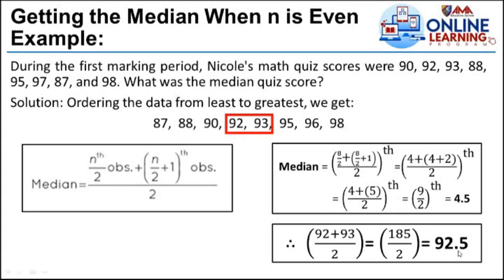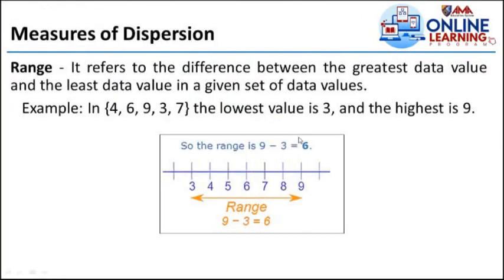So we have 92.5. If you use the formula, there's no problem, but if you analyze it, you can get it right away: add these two, divided by 2, and that is our median. Okay? Next, we have the measures of dispersion.